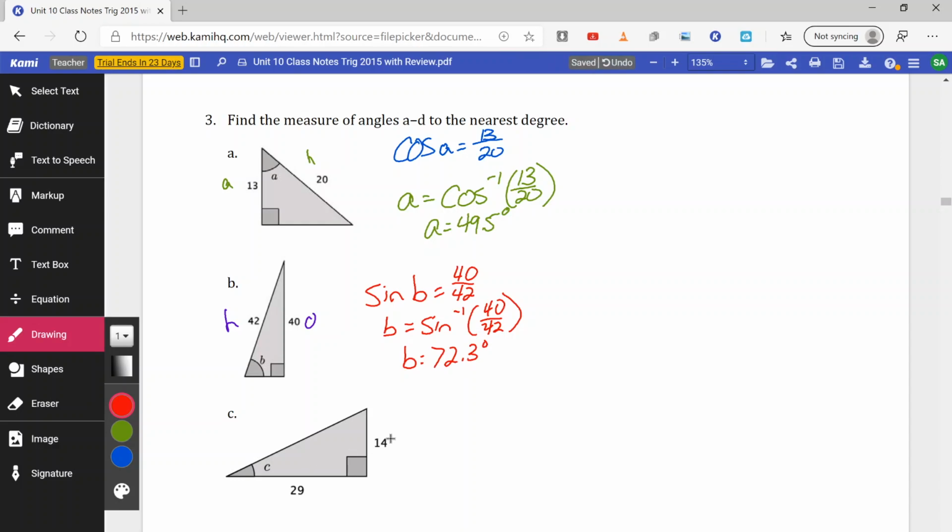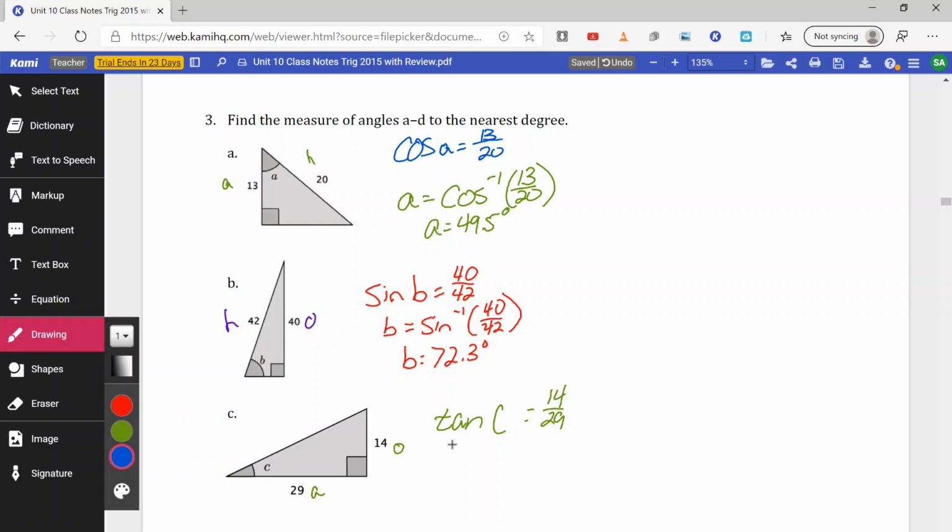For C, we have sides 14 and 29 with angle C. So I take a look at the relationship. 14 is across from C, so there's our opposite. And the one next to C here is the adjacent side. So opposite and adjacent, dealing with tangent of angle C is opposite over adjacent, 14 over 29.